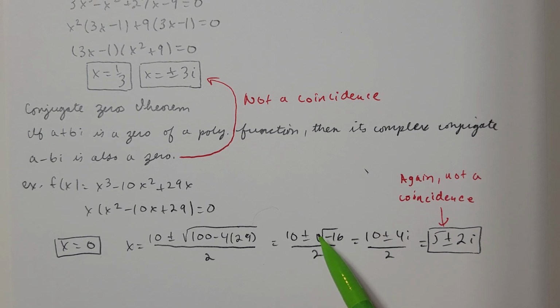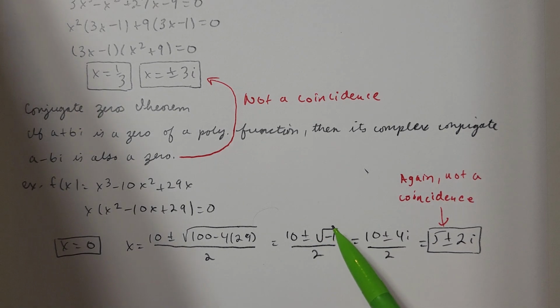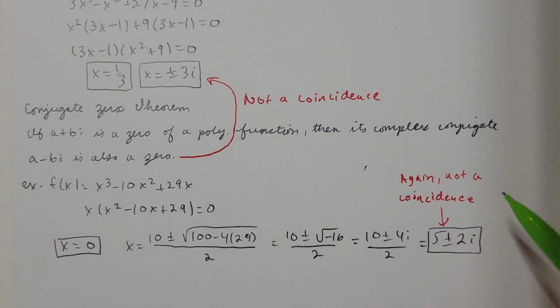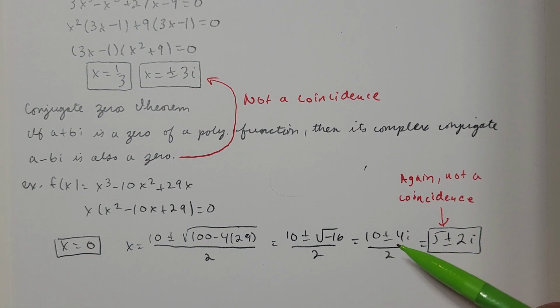That'd be 4i. We had seen that earlier. So I'm looking at 10 plus or minus 4i divided by 2. 2 is in common to these 2 terms up top, so if I factor a 2 out and cancel it with the 2 down under, 2 times 5 is 10, 2 times 2i would be 4i. So my answer is going to be 5 plus or minus 2i. Again, I have 2 answers here, 5 plus 2i and 5 minus 2i.